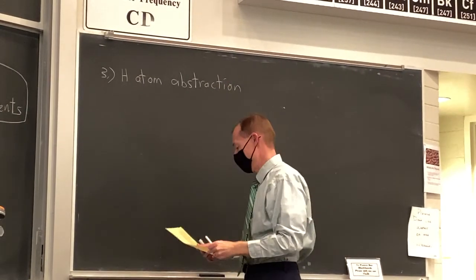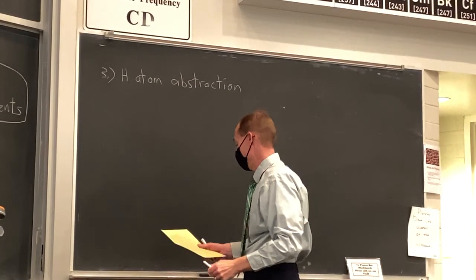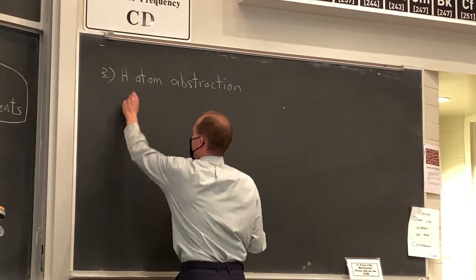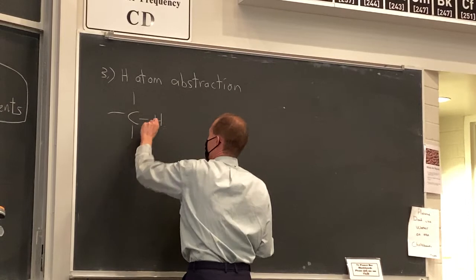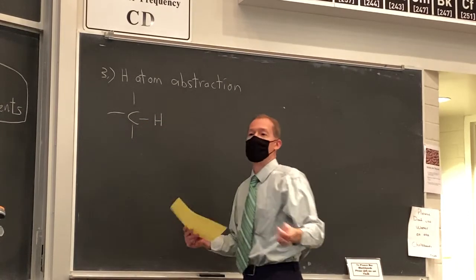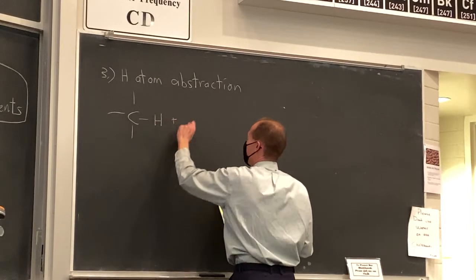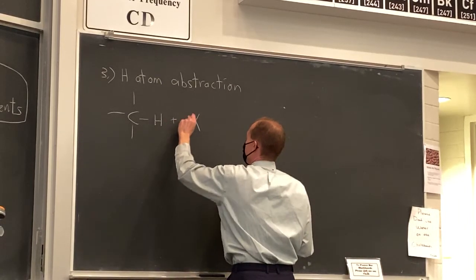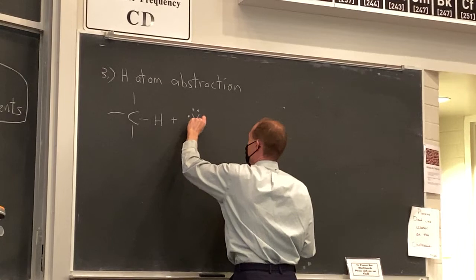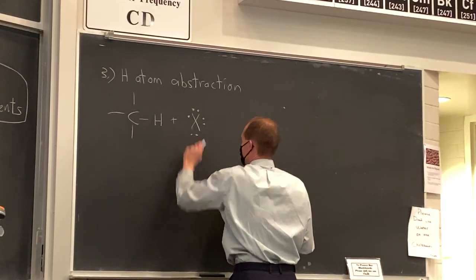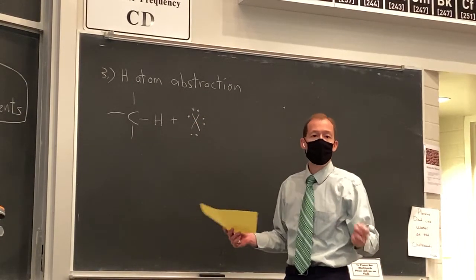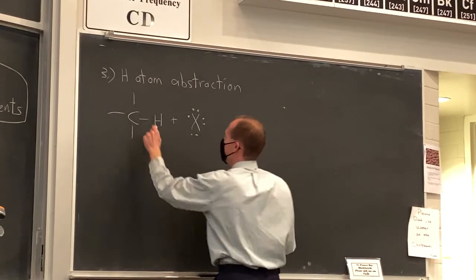That's referred to as hydrogen atom abstraction, and we'll talk about that in more detail in our next lecture. But the way we would draw that, let's say we had a halogen atom, and the halogen atom collided with an alkane.